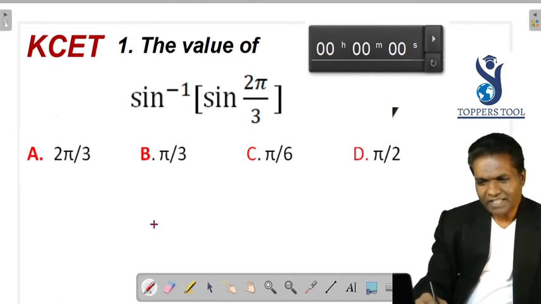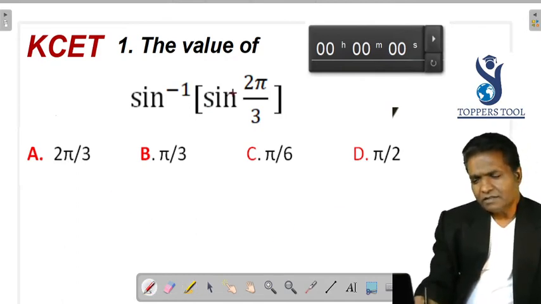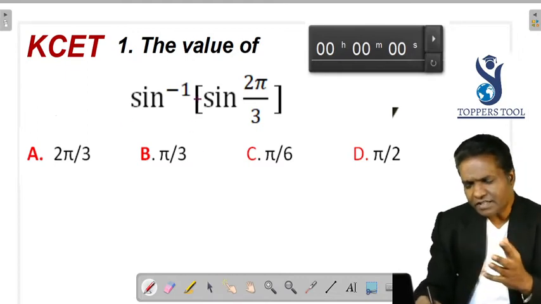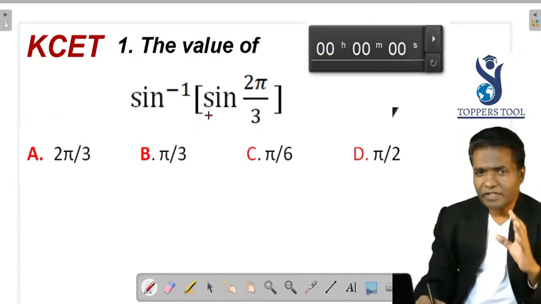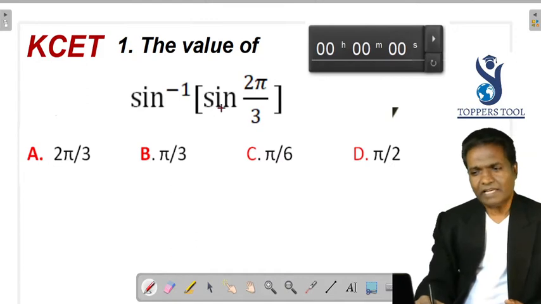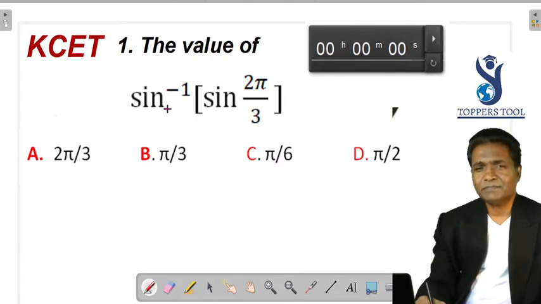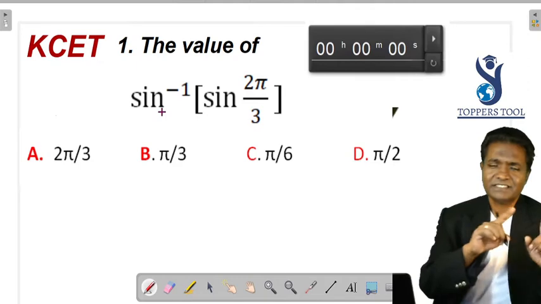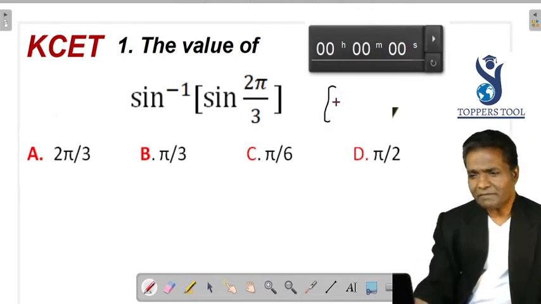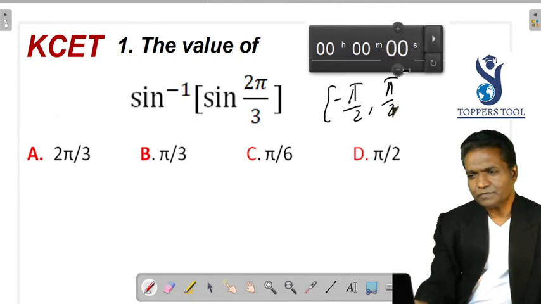See here, the value of an inverse trigonometric function always means its principal value. So what is the principal value of sine inverse? The principal branch of sine inverse is the closed interval minus pi by 2 to pi by 2.